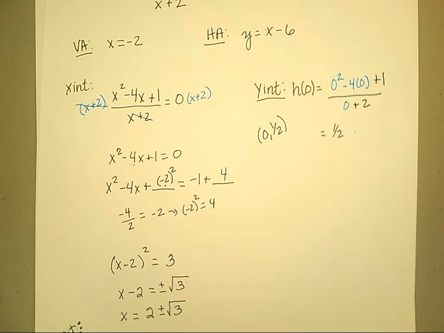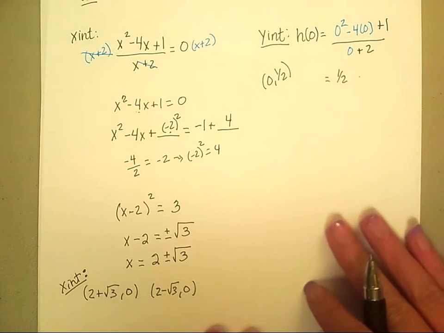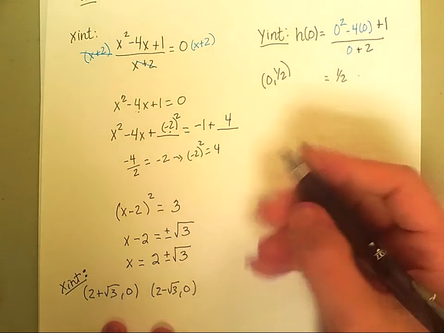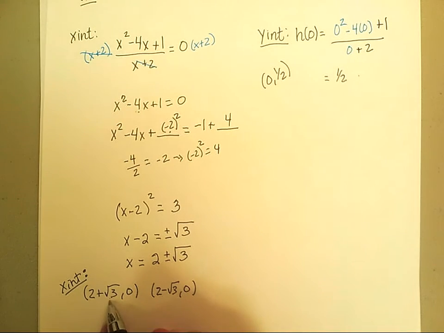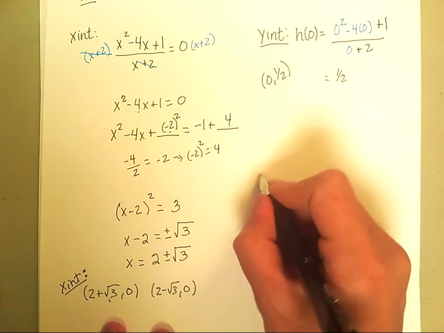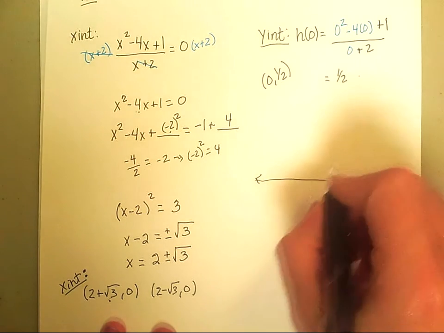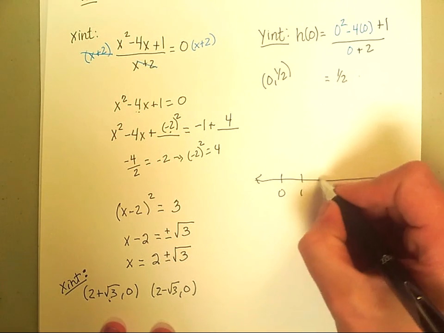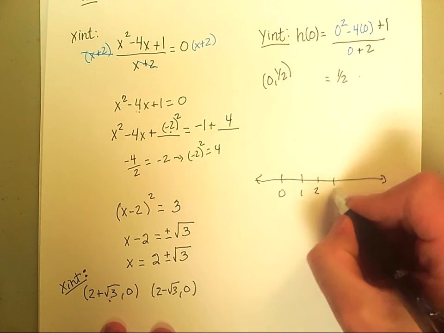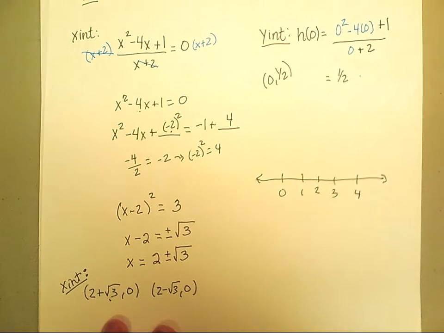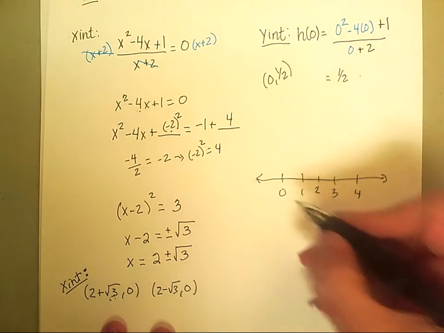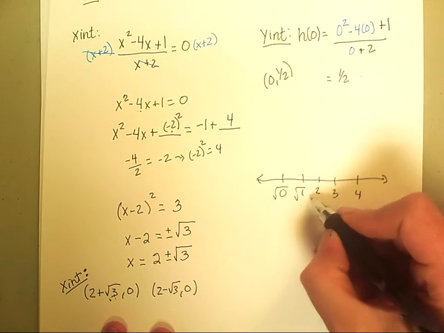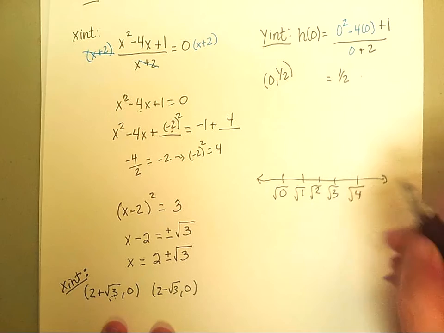Okay, so let's think a little bit, because I want to try and put some of these points down here. Okay, I want an approximate value for 2 plus root 3. Okay, well, remember our little cheat sheet. If we have 0, 1, 2, 3, 4, okay, this is how our number line works. We're looking for an approximate value of root 3, so we can take the roots of all of these.